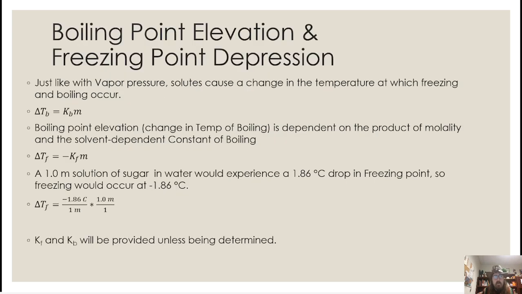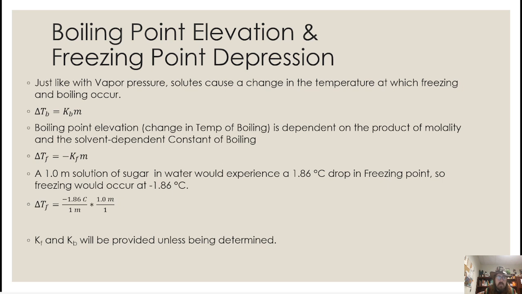Now, another property, one that is far more useful, is boiling point elevation and freezing point depression. Just like with vapor pressure, solutes will change the temperature at which freezing and boiling occur. The equations are as follows.